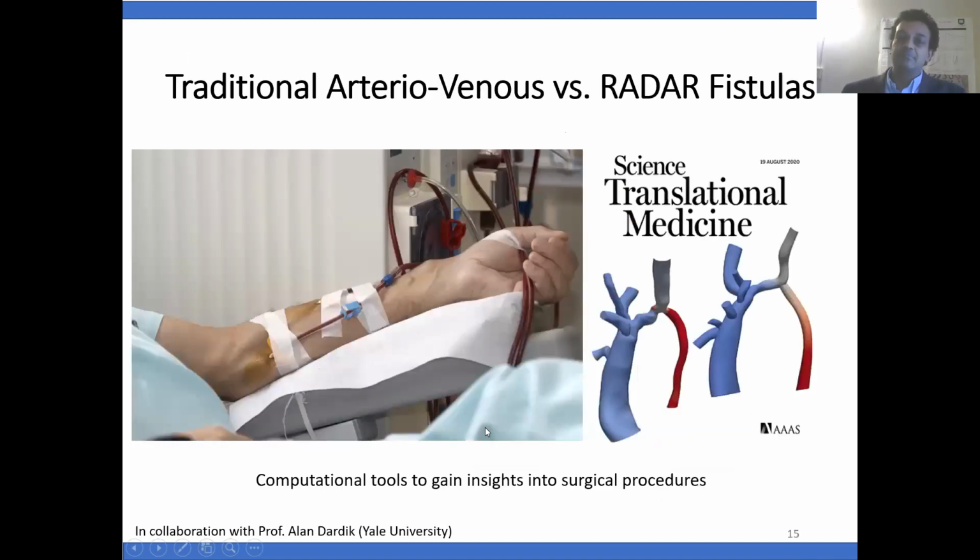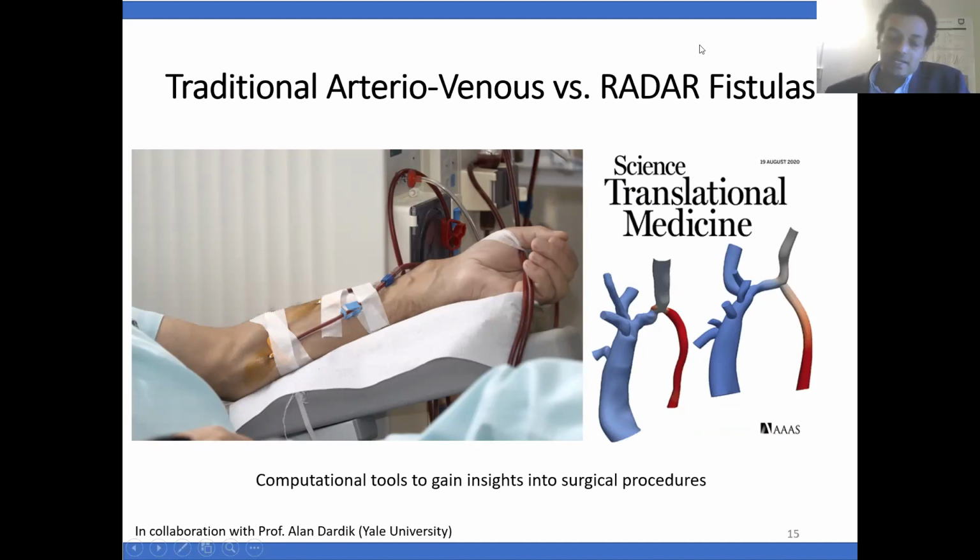Now, the other example where this framework has been of use is in fistula surgery. For people who have failing kidneys, they need to be connected to a dialysis machine so that their blood can be filtered. And the way to access the blood is something called a fistula, where they connect the vein to an artery.